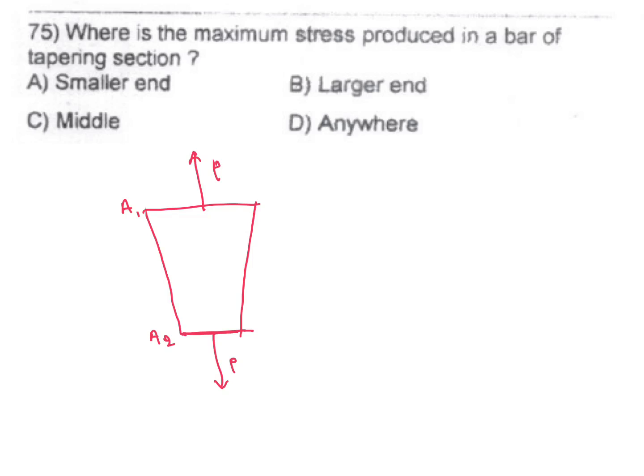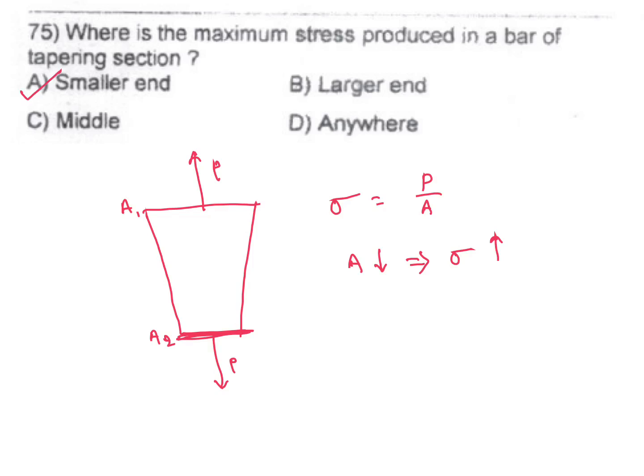Stress is P by A. So where A is less, sigma will increase, or sigma will be more. So here at the smaller end, for example A2, sigma is maximum. So smaller end is the answer.